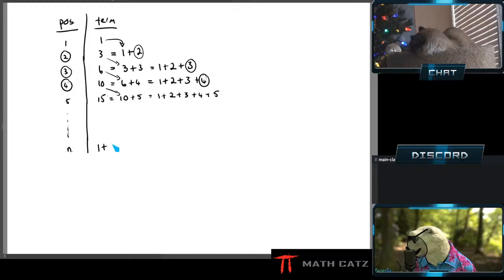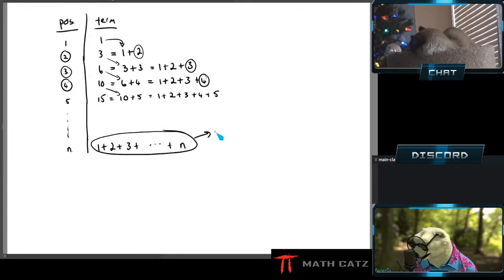When the position is n, I'm going to stop at whatever the value of n is. So this is the calculated value of term a_n in position n. That answer is the term. The calculation is longer depending on how far I go.